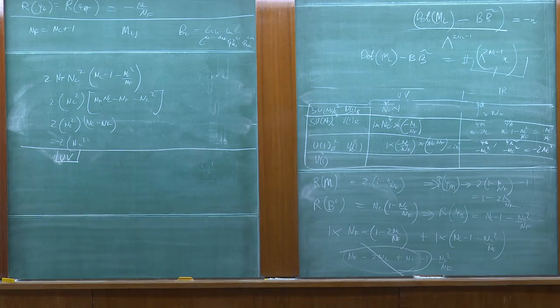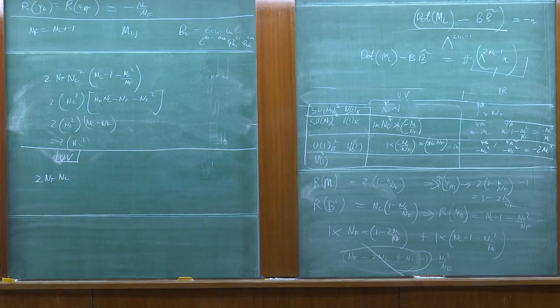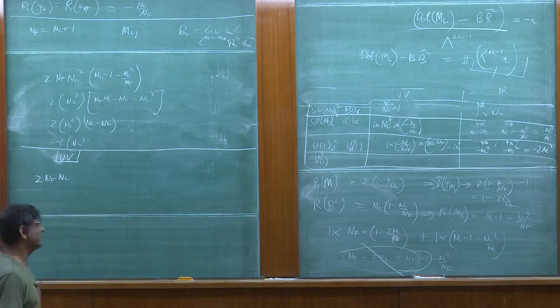Psi of Q and psi of Q tilde contribute in an identical manner. So they contribute like 2 Nf Nc. This is the multiplicity because there are Nf flavors and Nc colors, and there's both Q and Q tilde. Then we want the R charge of one of them cubed.